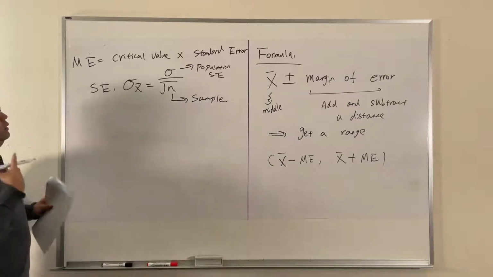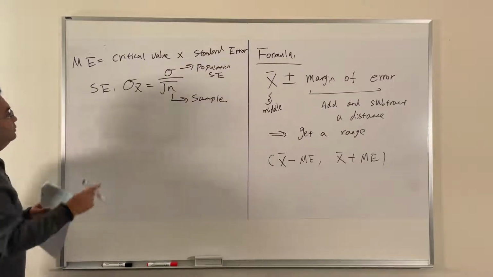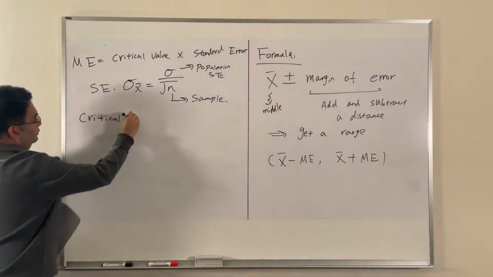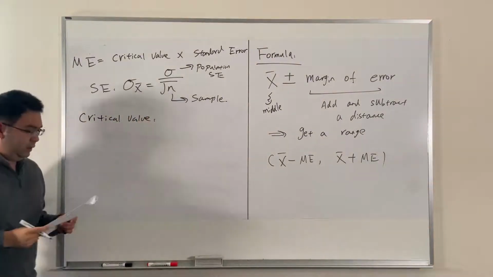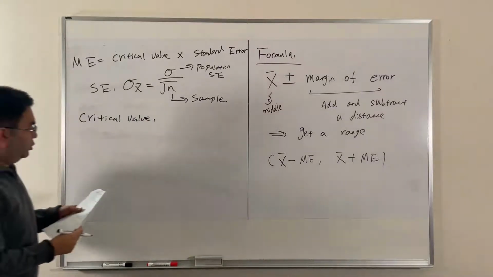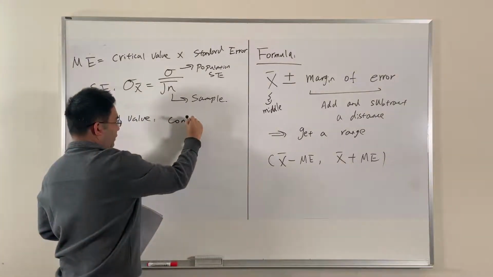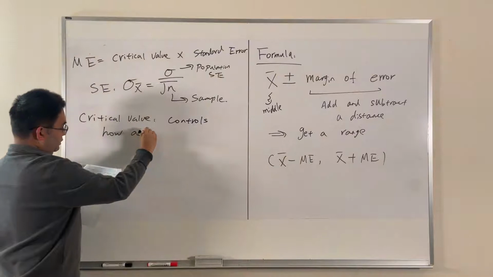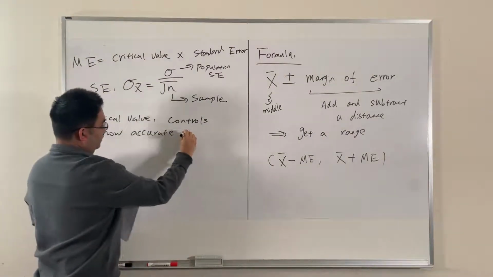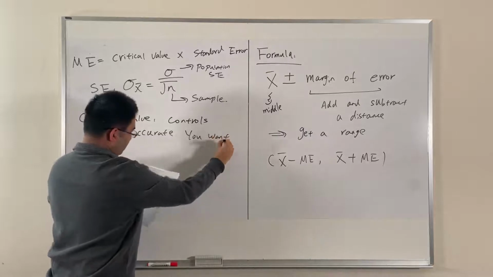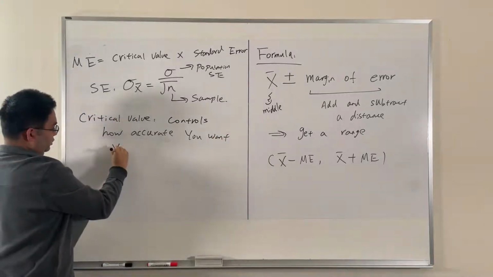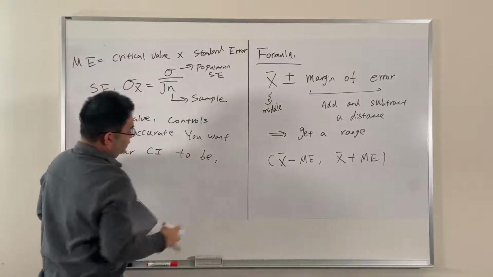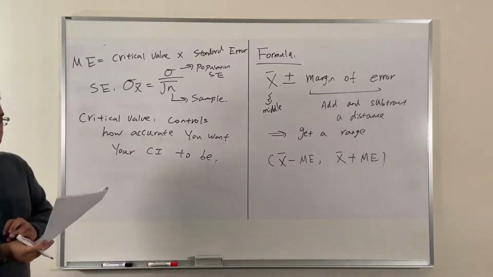Now let's focus on getting the critical value. The purpose of the critical value is that it controls how accurate you want your confidence interval to be.